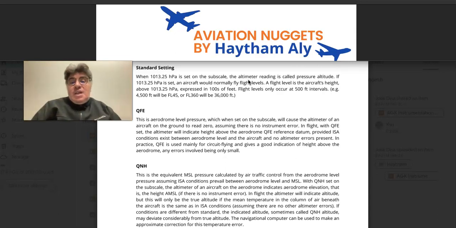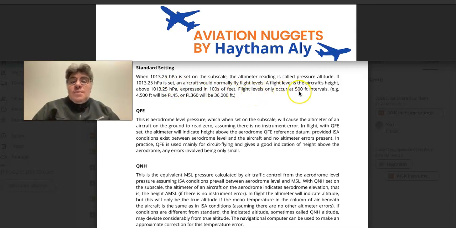So a flight level is the aircraft height above the 1013 hectopascal isobar, expressed in hundreds of feet. And the altimeter will show us flight level in that case.